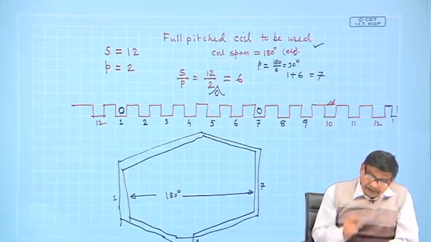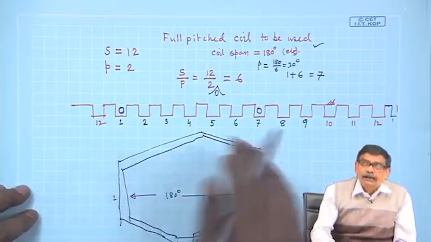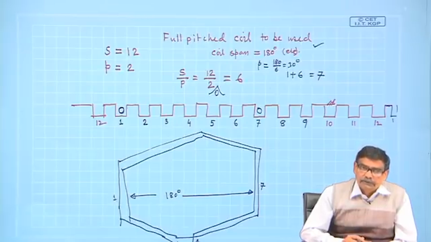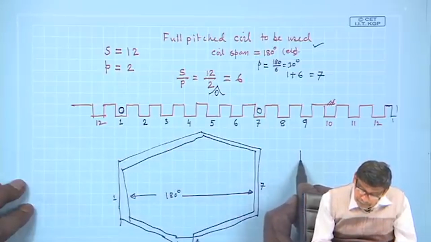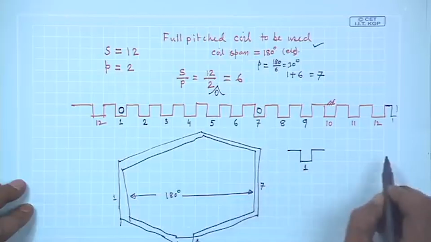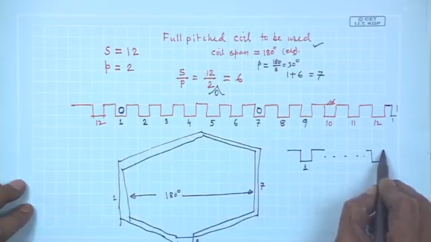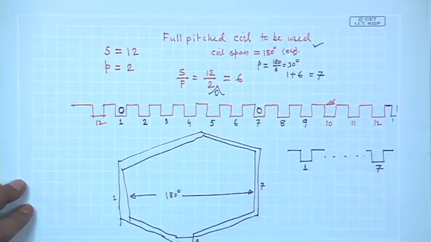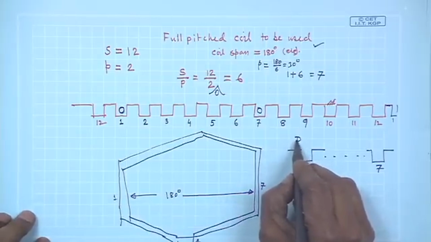Now, apart from this, there is another important thing, that is to utilize the slot space properly. What is done? Suppose this is slot number 1 and this is slot number 7, the same thing I have drawn.